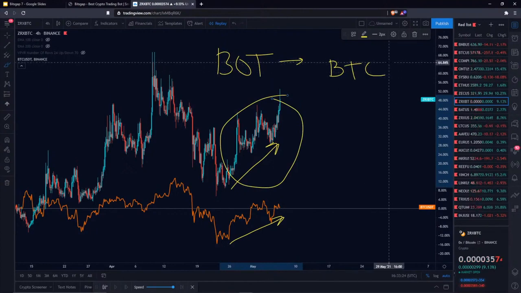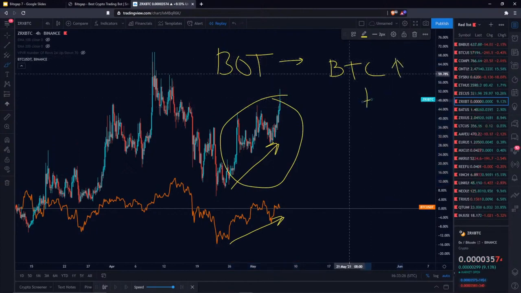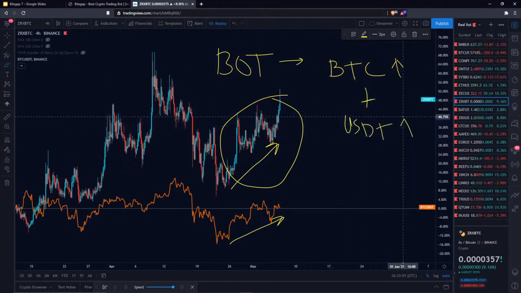And at the same time, this Bitcoin that you made in this bot trade also has appreciated during this period of time. So that means that now what the bot made for you is also multiplied by the exchange rate to Bitcoin USDT. So the value of your Bitcoin relative to USDT has also appreciated.